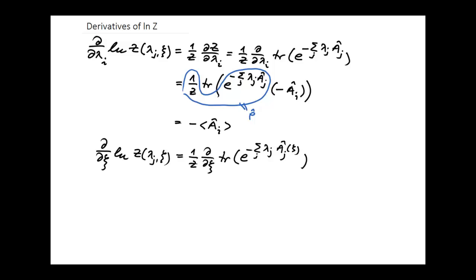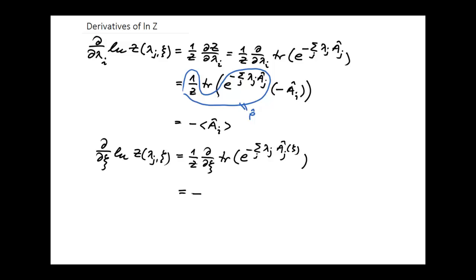And then same logic as before, the derivative of an exponential, that's the exponential times the inner derivative of the exponent. And in this case, this looks as follows. Once again, you have a minus sign.